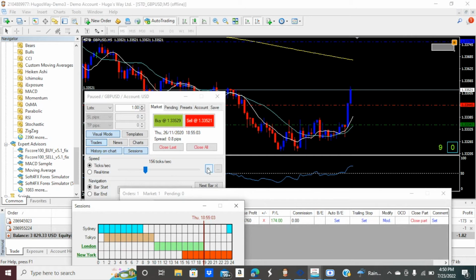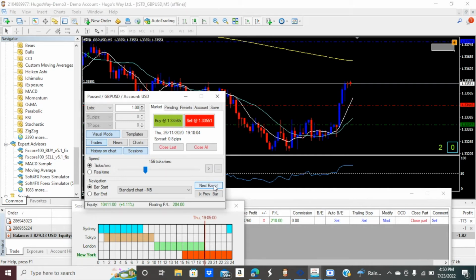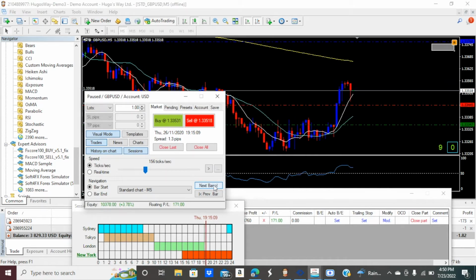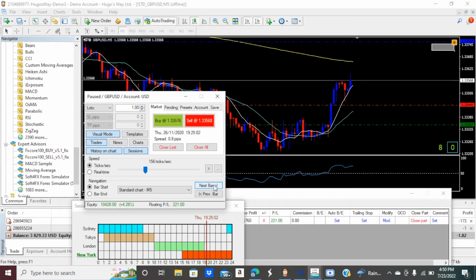Next bar. I'm going to keep it going. We got another bullish candle.